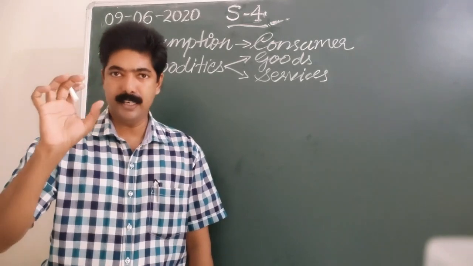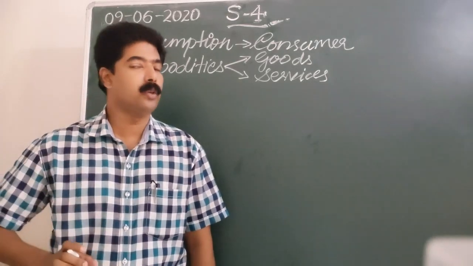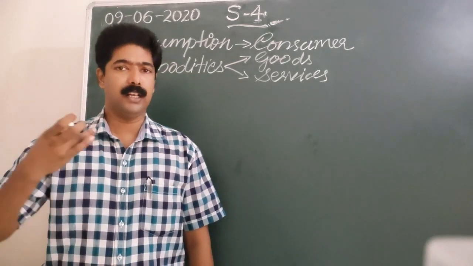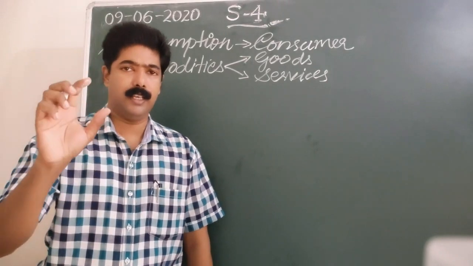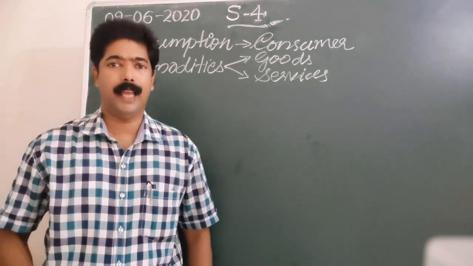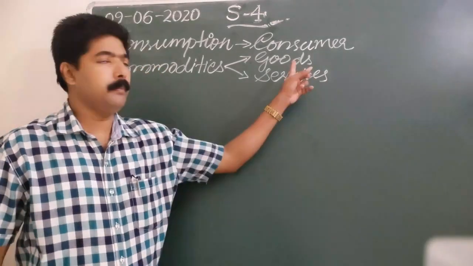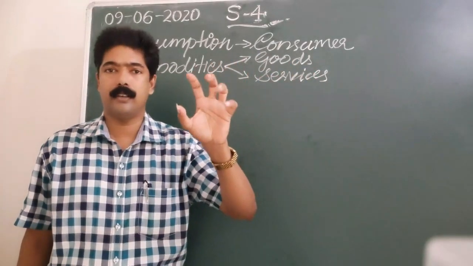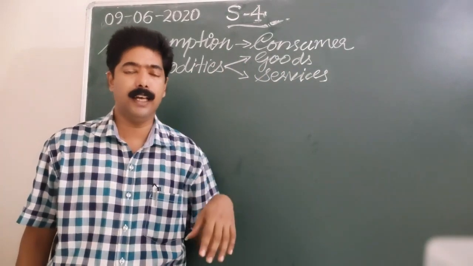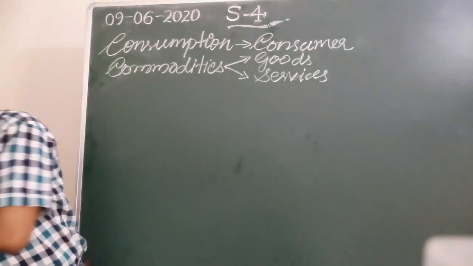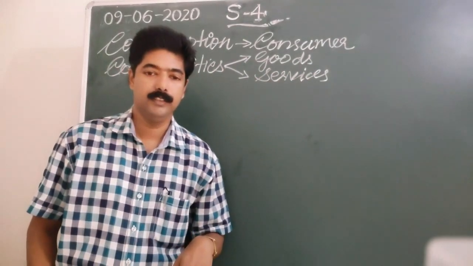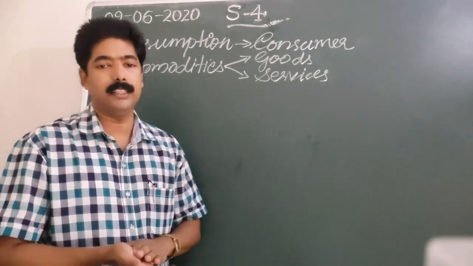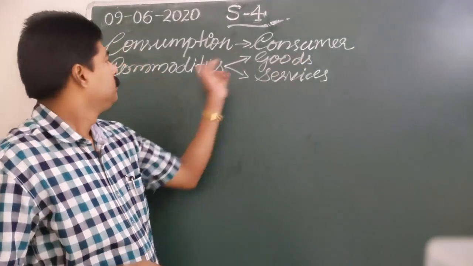Commodities are essential to satisfy human wants. A consumer must get all these commodities, which can be categorized into two: goods and services. Goods are tangible, services are intangible. Is that clear? So this is what is called commodities.